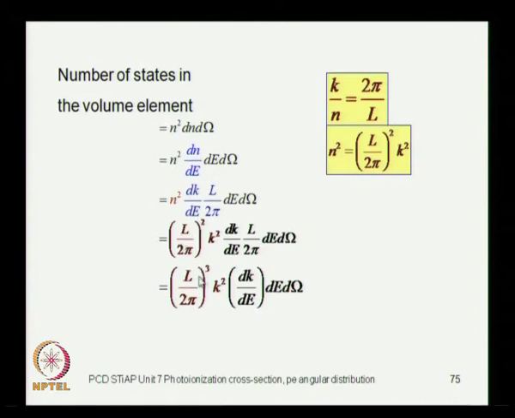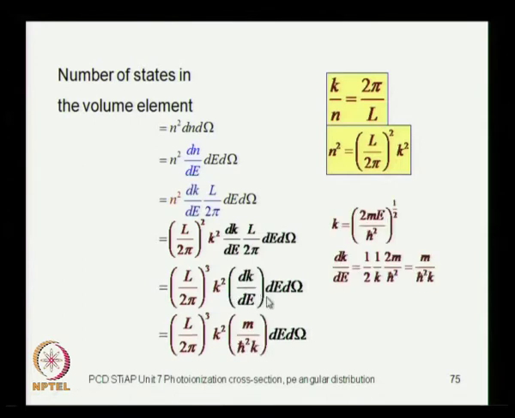So, that gives you a cube of L over 2 pi, and then you have k square dk over dE d omega, and given again the fact that dk over dE, as I showed in the previous slide, is nothing but m over h cross k, you can write this over here.